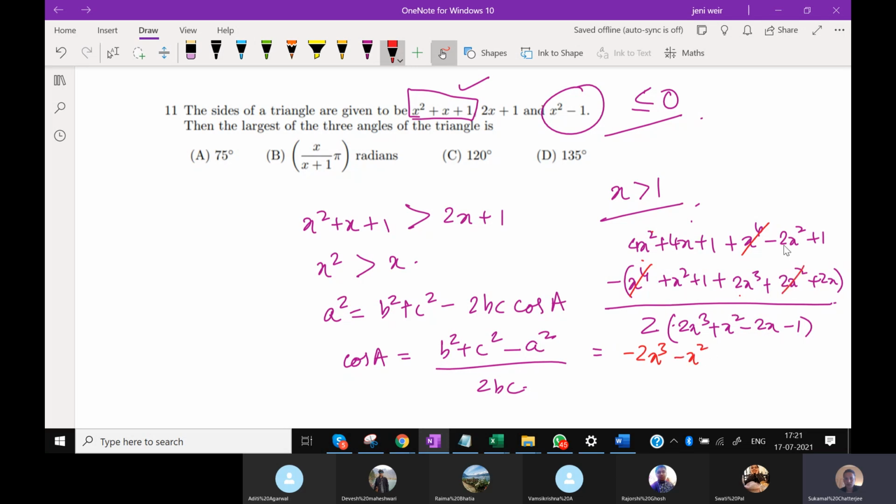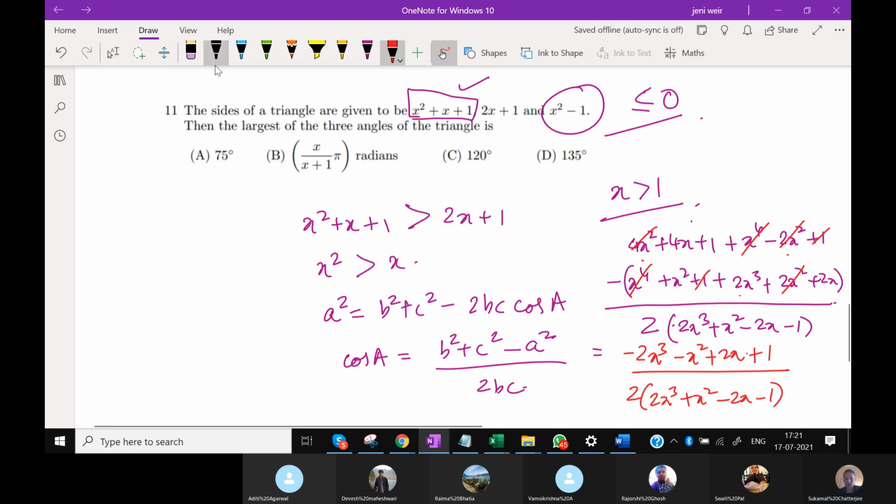So this and this will cancel out, so only minus x square will remain. And then you have 4x minus 2x, which is plus 2x. And then you have 1 plus 1 minus 1, which would be plus 1, divided by 2 into 2x cube plus x square minus 2x minus 1.